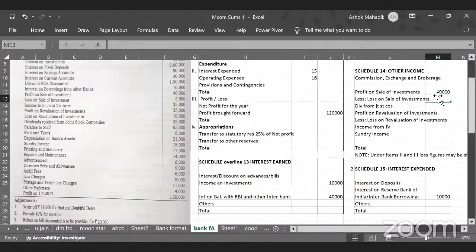I'll just put a minus sign. Just remember to subtract it. If I put a minus symbol, let me see if we get a bracket. Yeah, okay, the minus sign is there now. Okay, fine. Next item.